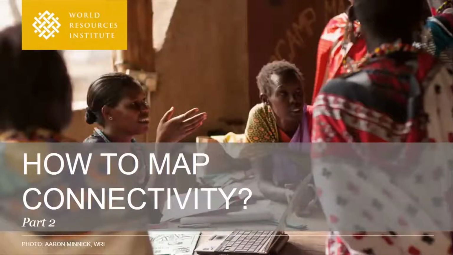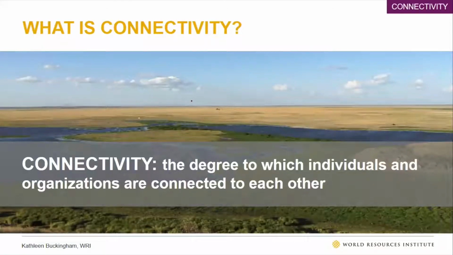So going on to the second part of this discussion, we're thinking about how to map connectivity. Now, when you think of biophysical landscapes, we seek to connect fragmented land, and we look at ways to channel resources.